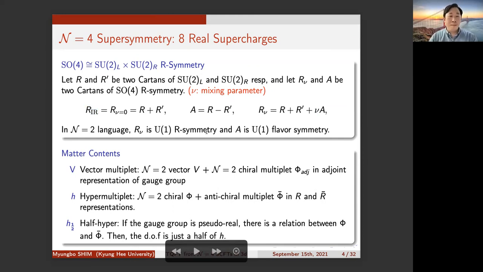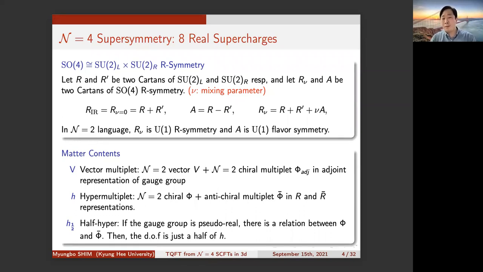And N=4 theory possesses 3 types of supermultiplets, which are called vector multiplet, hypermultiplet, and half hypermultiplet. N=4 vector multiplet consists of N=2 vector multiplet and N=2 adjoint chiral multiplet.